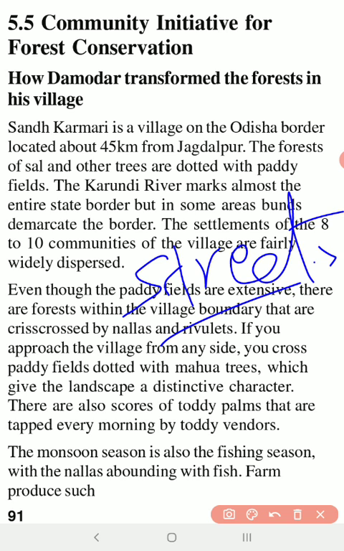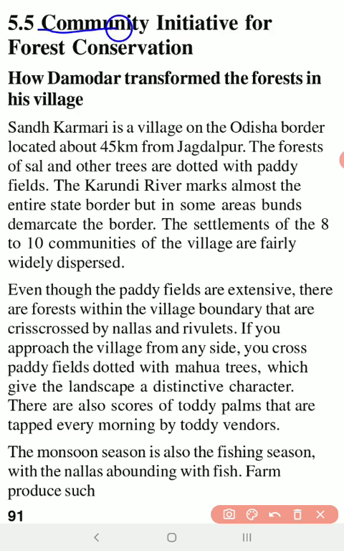So here, what community initiative means, people who are living in the villages, the whole village can be one community, irrespective of our caste, irrespective of our religion, and so on. So we form part of one village, one community. Therefore, everyone should take responsibility to take care of what is around us.